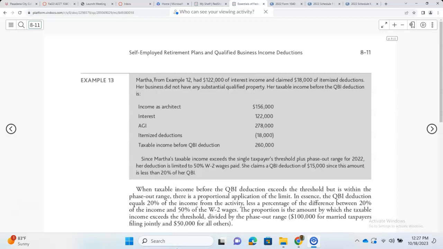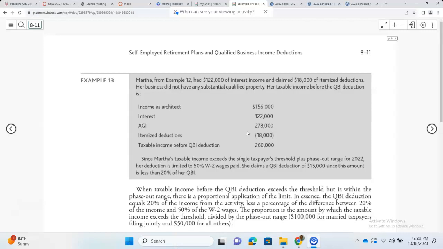So here, Martha from example 12 had $122,000 of interest income and claimed $18,000 of itemized deduction. Her business did not have any substantial qualified property. Her taxable income before the QBI deduction is income from business plus interest. AGI is 278. 278 minus 18 for itemized deduction, that's 260. The 260 is more than the $170,000 threshold for a single person.